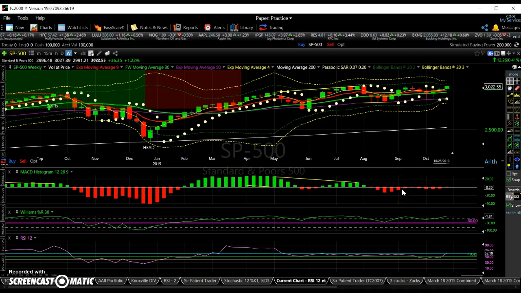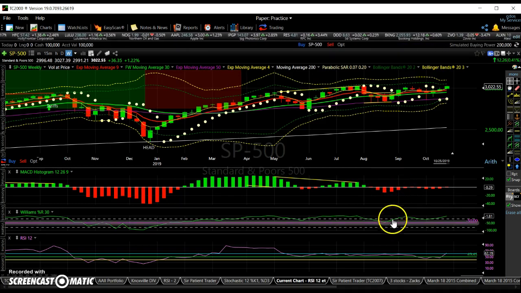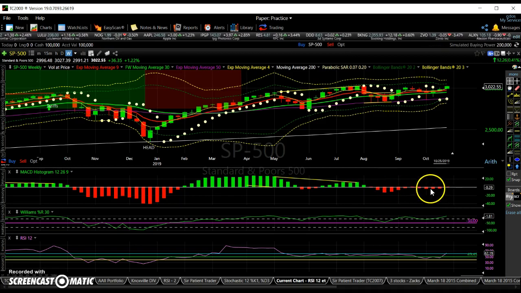If anything, one can make an argument that we are setting up here for bullish divergence. Not quite, but these are all relative in some ways. We would have had more confidence in calling this a bullish divergence if this bar was green, if this histogram was green, meaning that we had made some positive move above the 0 line.